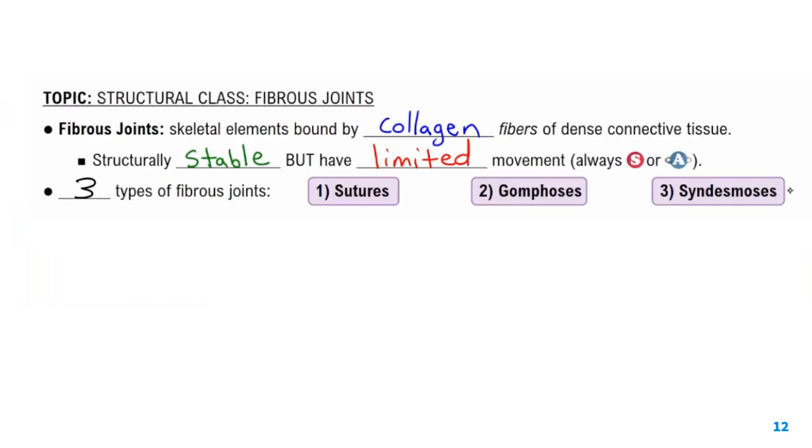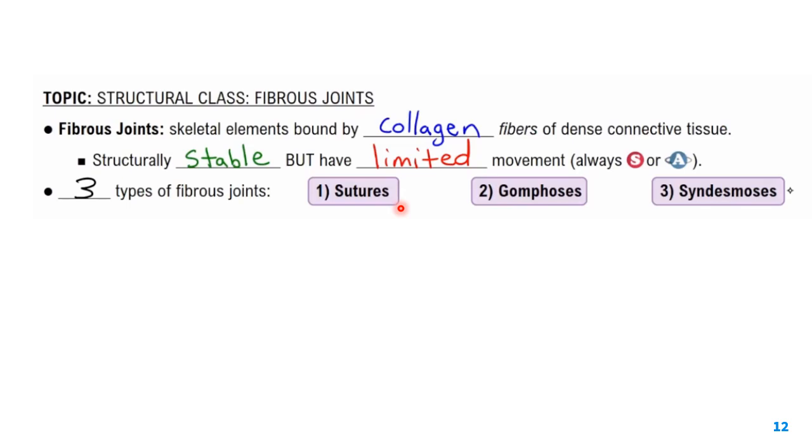Okay, so let's look at these fibrous joints. This is straight from the worksheet, also from the extra study material. So fibrous joints. What you're going to have in these fibrous joints is a lot of dense connective tissue made of collagen that is stabilizing the joints.